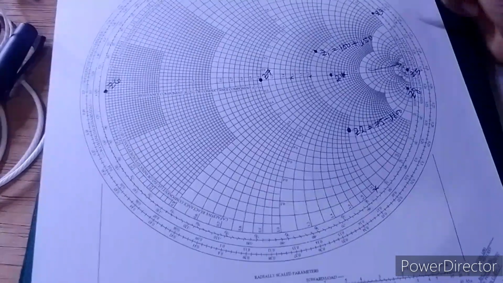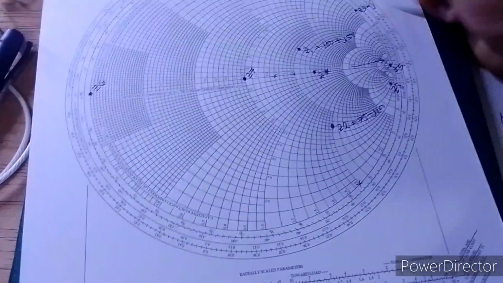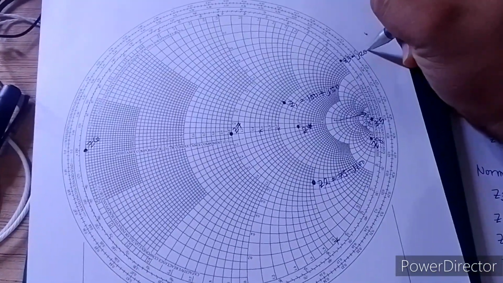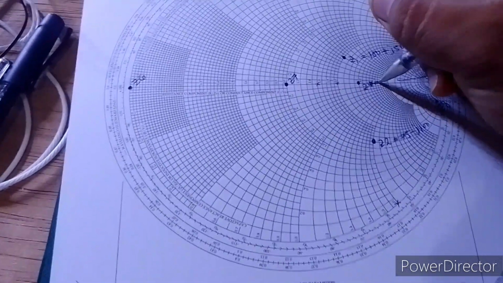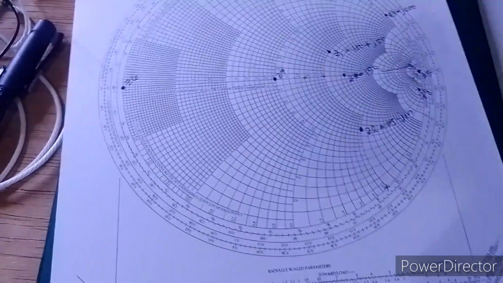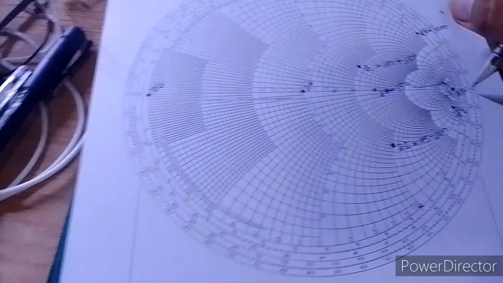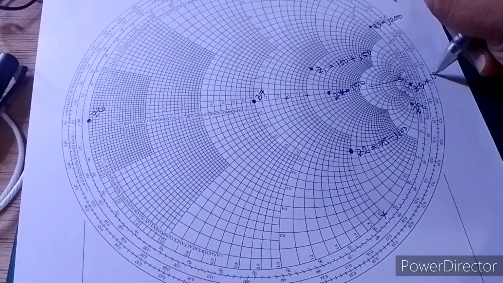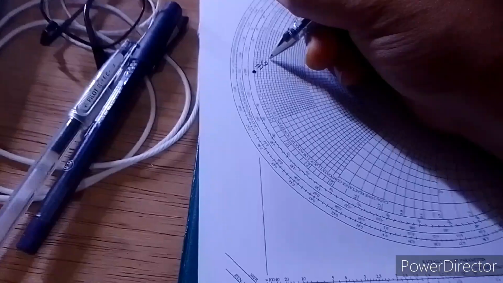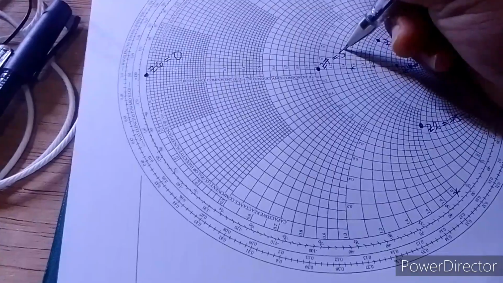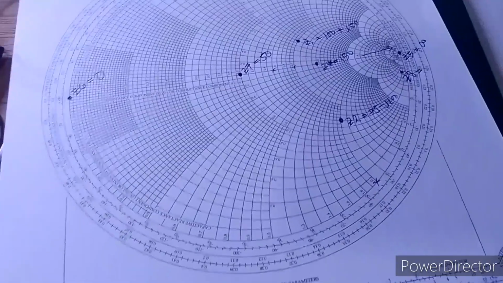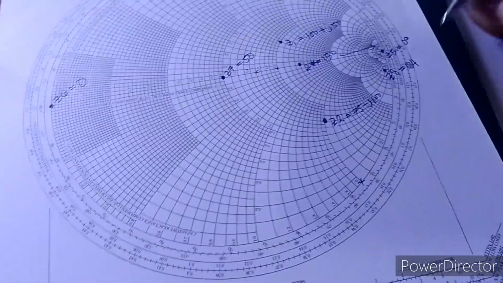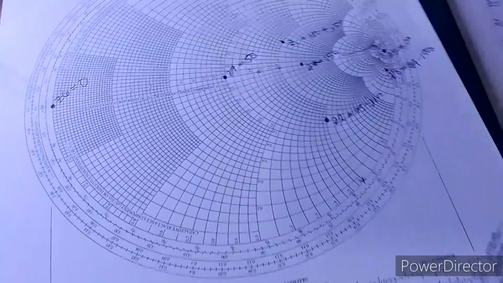We have the Z3, which equals j200. And the Z4, which equals 150. And our Z5, which is infinity. And our Z6 equals 0. Our Z7 equals 50, which is the center of the Smith chart. And our Z8 equals 184 minus j900.